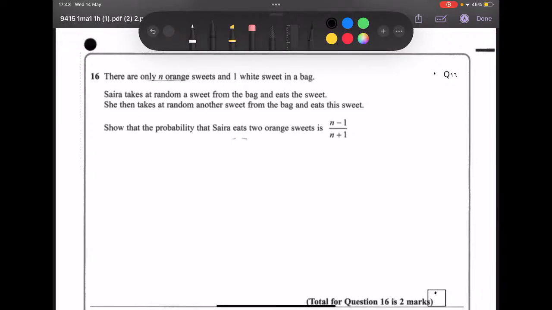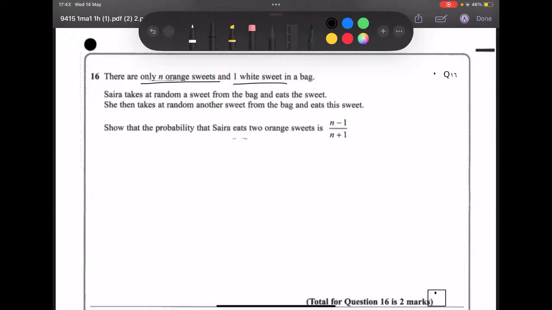Number 16, there are only n orange sweets and 1 white sweet in a bag. Sarah takes a random sweet from the bag and eats the sweet.